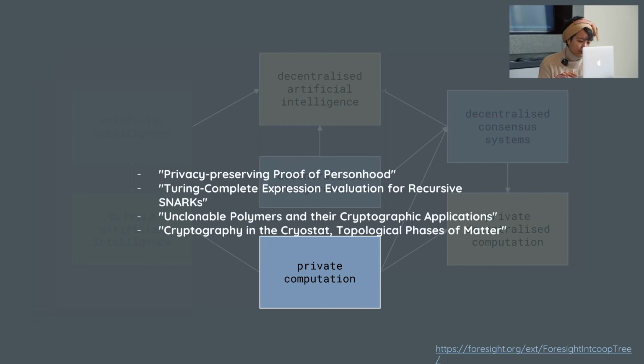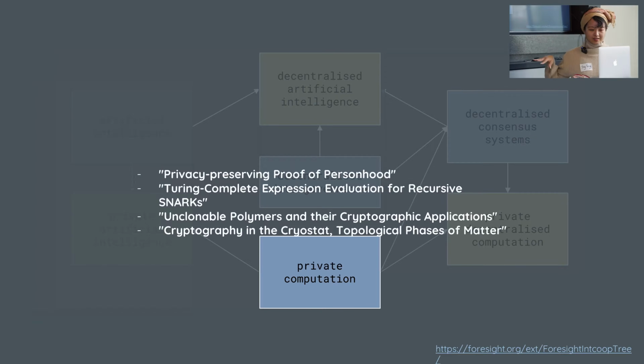Private artificial intelligence relies on private computation, and this is the field in which I work. Zero-knowledge proofs are one example of a primitive that allows us to encode arbitrary relations in some kind of cryptographic statement that can be proven without revealing the confidential information.